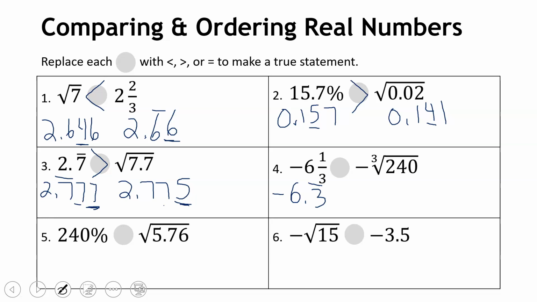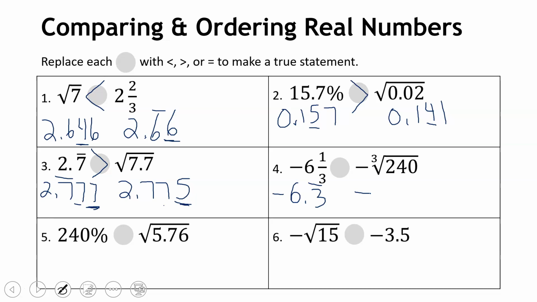You will need a calculator to calculate the cube root of 240. If you're not sure how to do that on your calculator, please make sure that you ask. You're looking for a cube root.